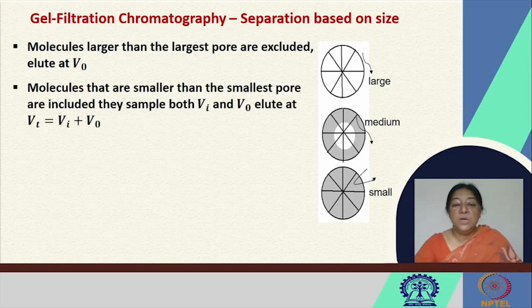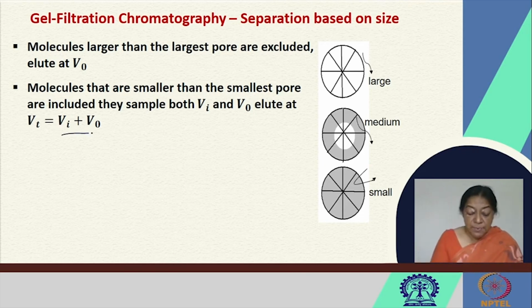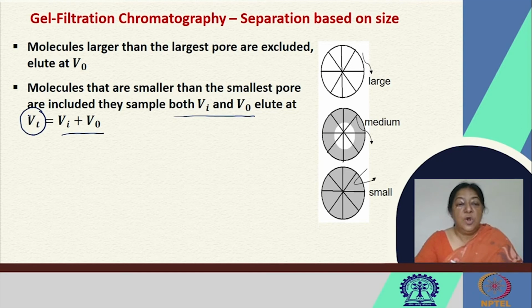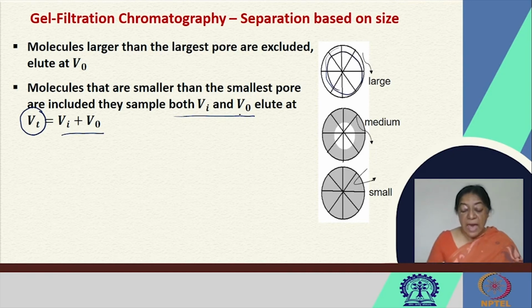Molecules that are smaller than the smallest pore would be included in both Vi and V0, indicating that this corresponds to the total volume. So the volume of the gel matrix, that is the internal volume of all the beads that we have, and the V0, that is the portion outside the gel matrix, give us the total Vt.